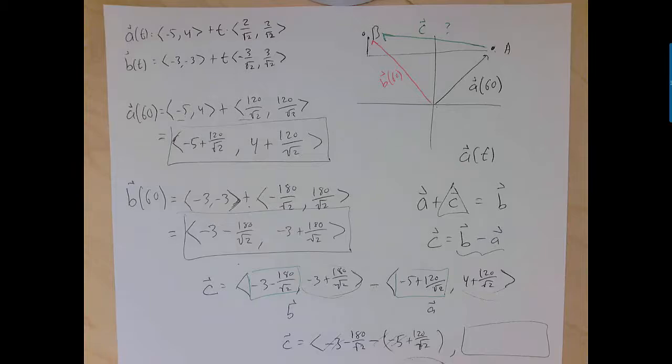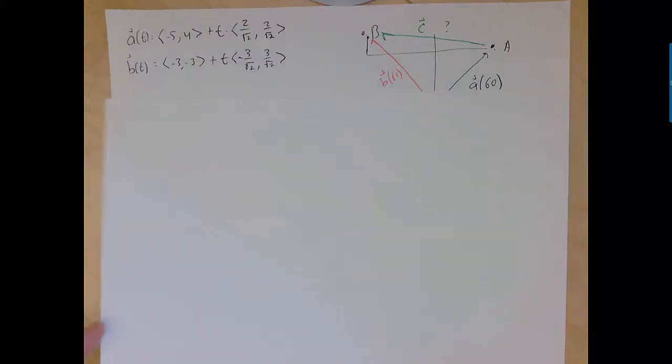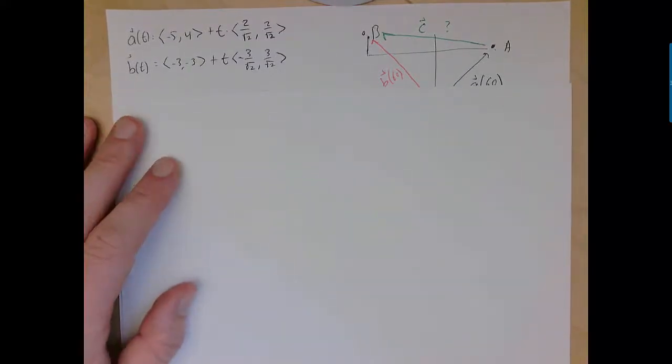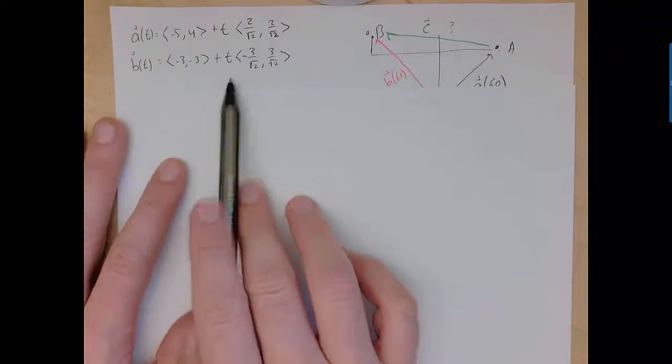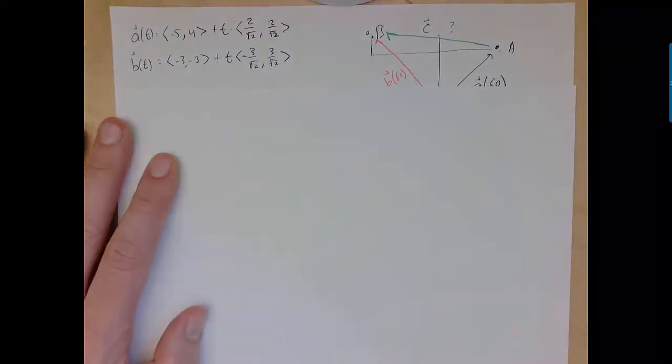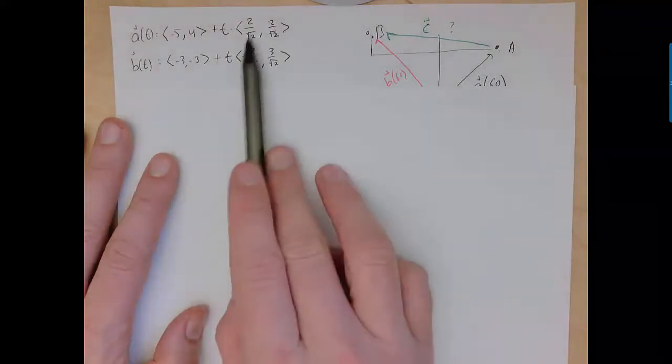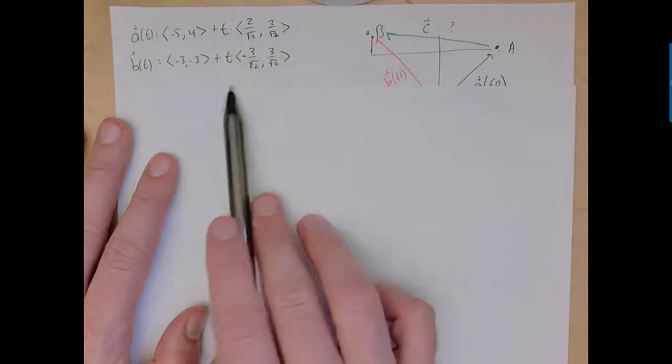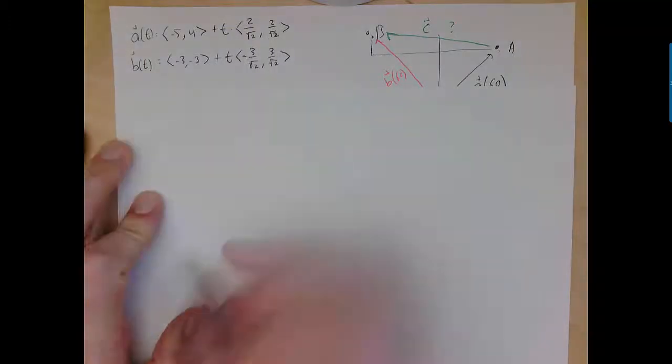As a side note, let me show you how you could have done it without it being so messy. So I'm going to do the same process, but something I'm noticing is, here I could factor 2 out of both the x and the y, and here I could factor 3 out of both the x and the y.